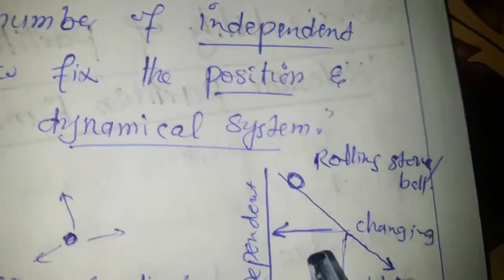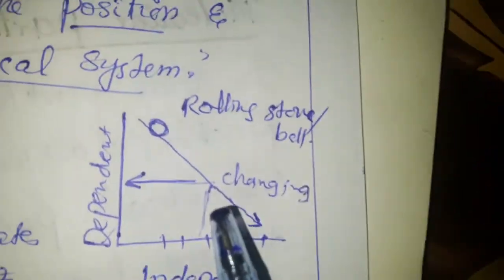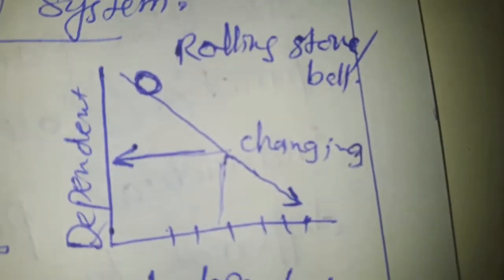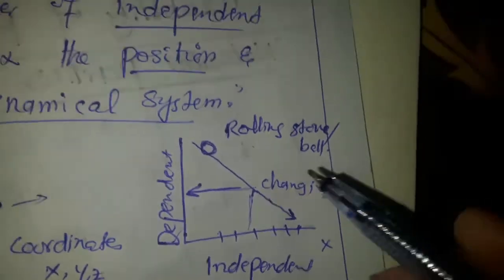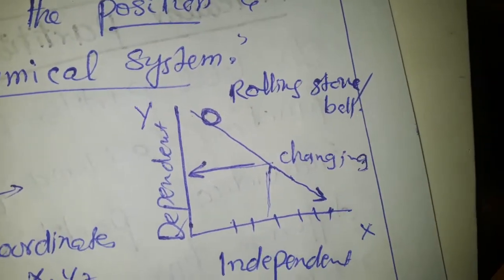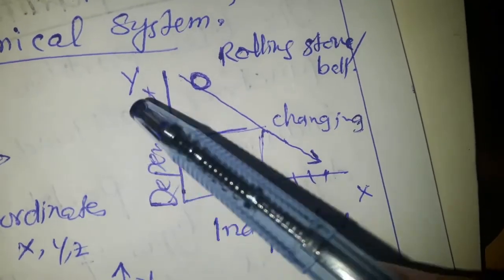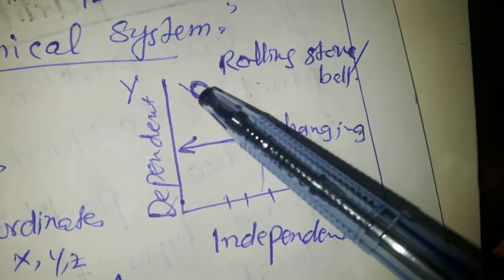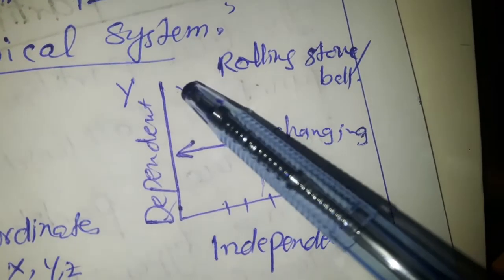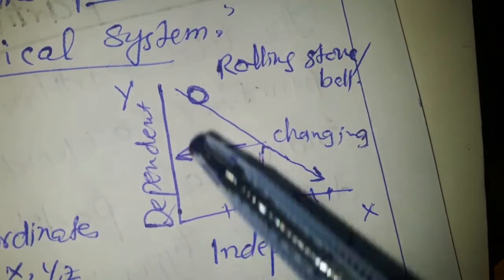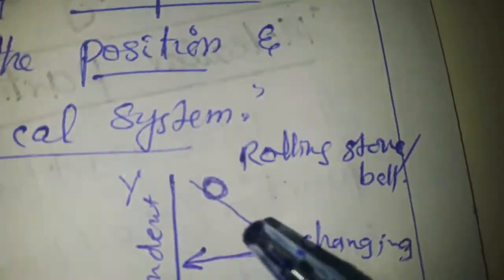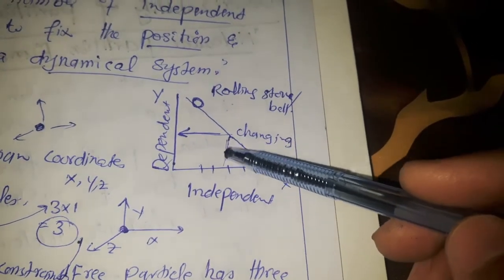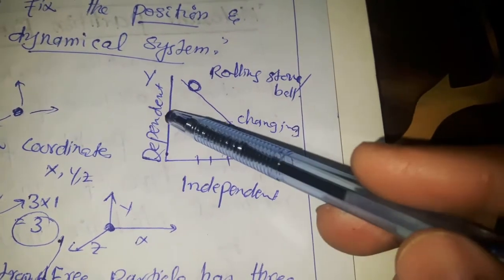Now here is a very simple classical example of a rolling ball or rolling stone. On the x-axis we show the independent variable, and on the y-axis we show the dependent variable. So the y variable depends on the x variable, but x is independent. Now we are changing the position of the rolling stone with respect to the x-axis, and you can see that the y-axis is automatically changed.